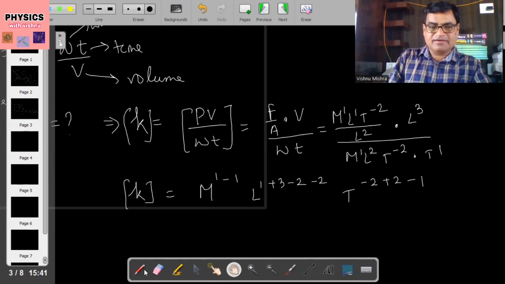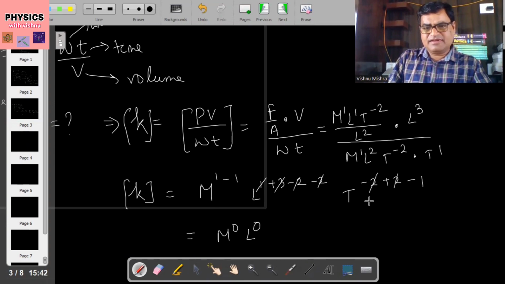Clear? Now this is M0, L, what is that? 4 minus 4, you're getting 0 here. 3 plus 4 cancel हो गया यहीं पे. Wow. And T is minus 1. So M0 L0 T0, M0 L0 T minus 1. K dimension is T minus 1.